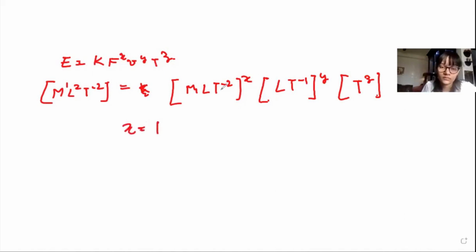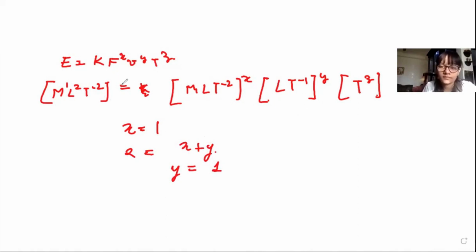Now with the powers of L: on the left hand side it is 2, and on the right hand side it is x plus y. You know the value of x, so y becomes 1.